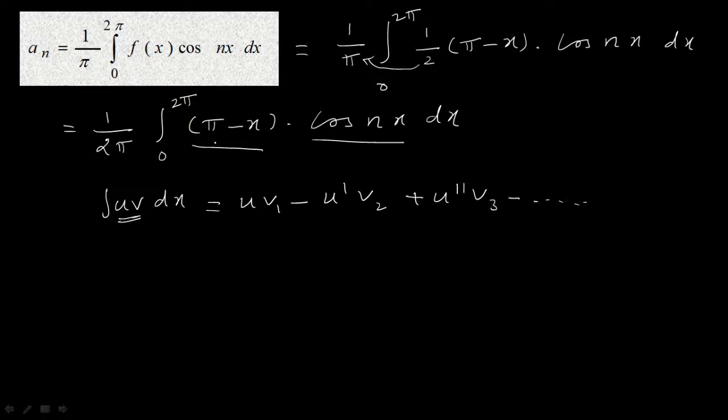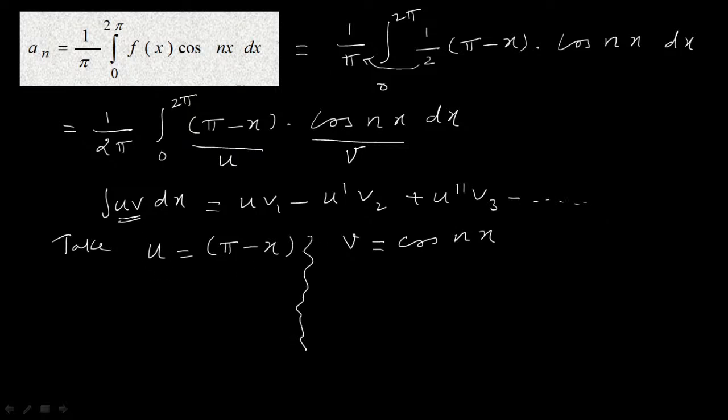we have to take the first function as u and the second function as v. So u is equal to pi minus x and v is equal to cos nx. First let me differentiate the function u.